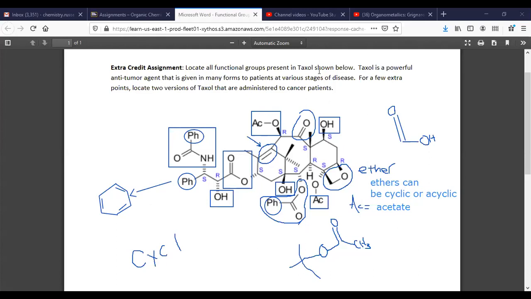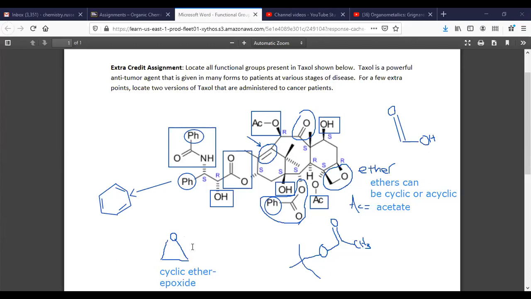One really common cyclic ether is what we call an epoxide. That's a 3-member ring. It's got an oxygen here, and another bond, a carbon here. So this is an example of a cyclic ether, and the proper name for it is an epoxide. That's a very common ether. We're going to look at how to make those later on.